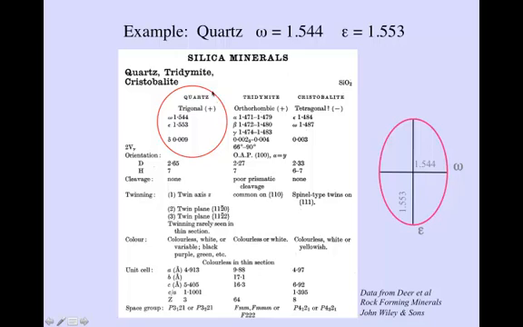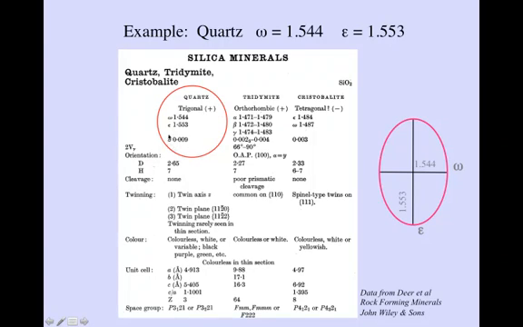Here's an example of quartz. There's the omega and the epsilon for the ordinary and the extraordinary rays. They have different values. You can calculate the birefringence of 0.009 for quartz.